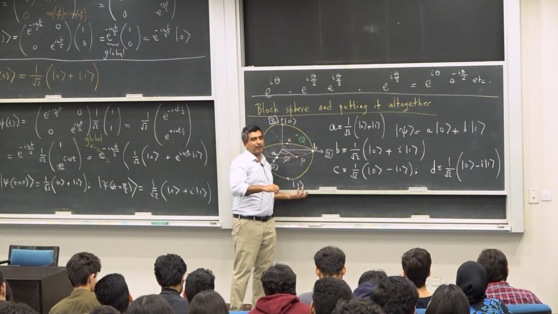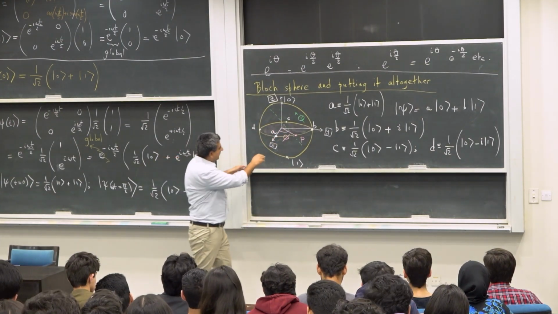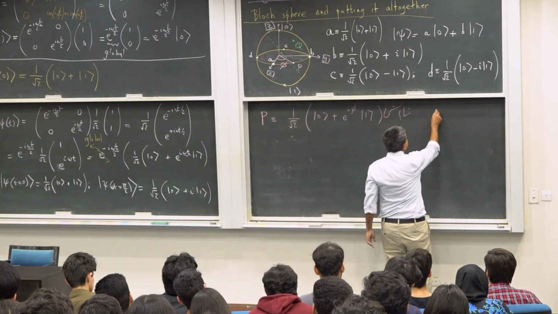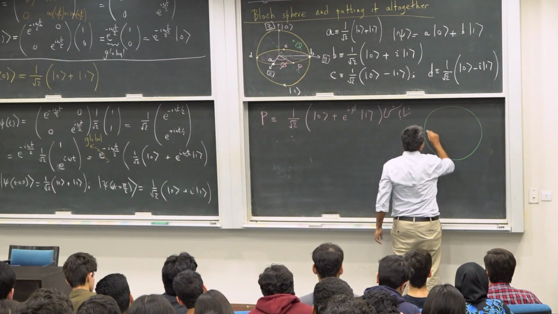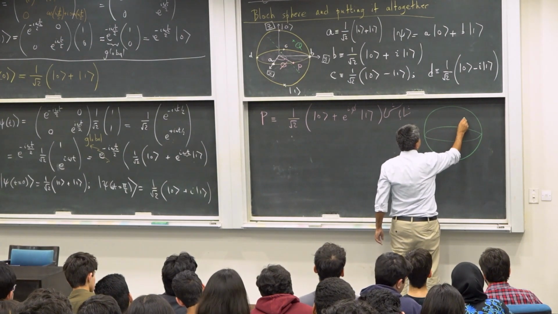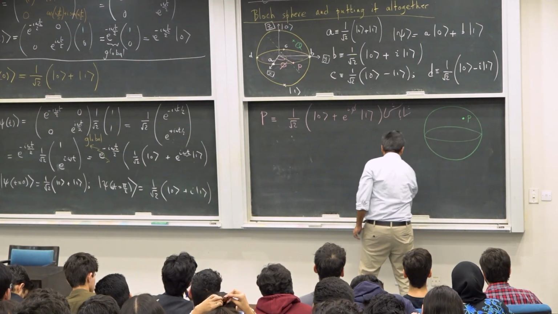Right? So now let me redraw this Bloch sphere because it's going to get a little bit messy. So this is my Bloch sphere. Here's a point P on the surface.